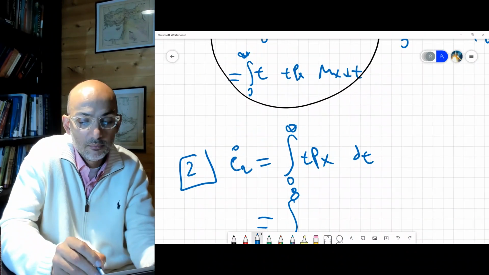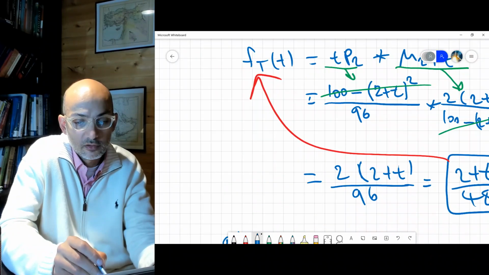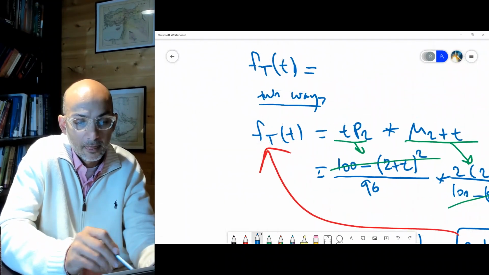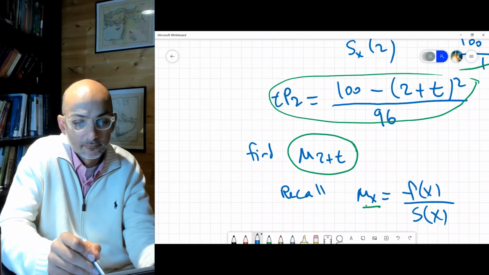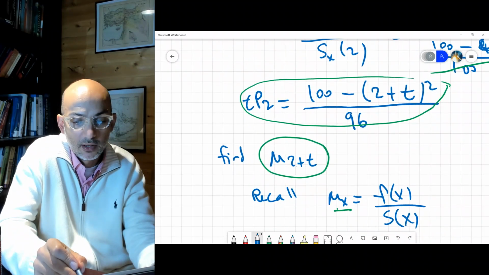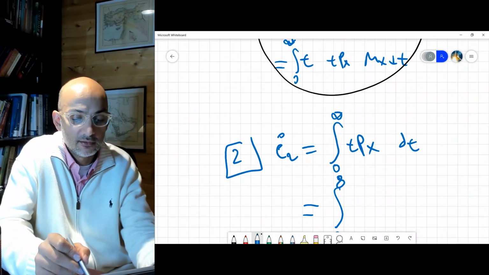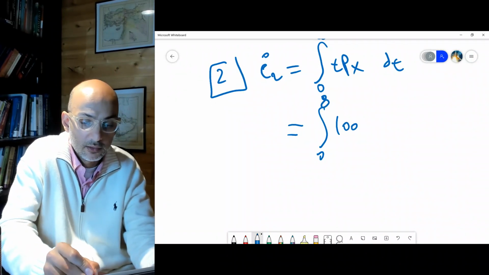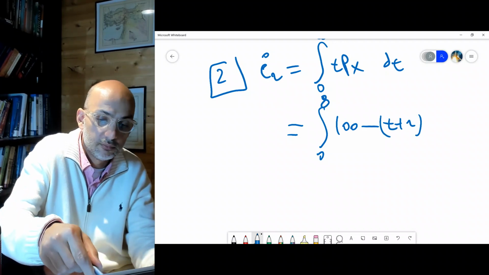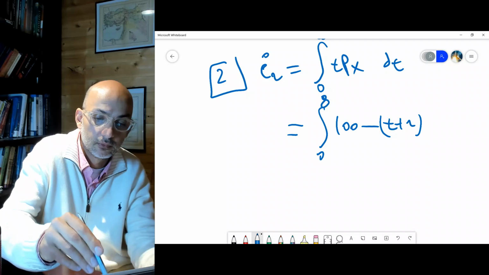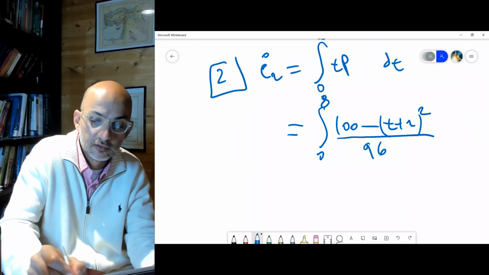And what is our tpx? It's this big guy, 100 minus t plus 2 squared, divided by 96, dt.